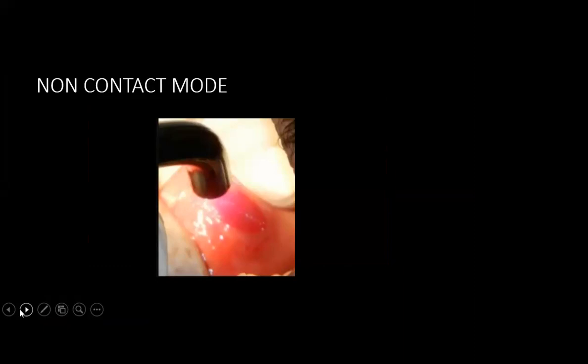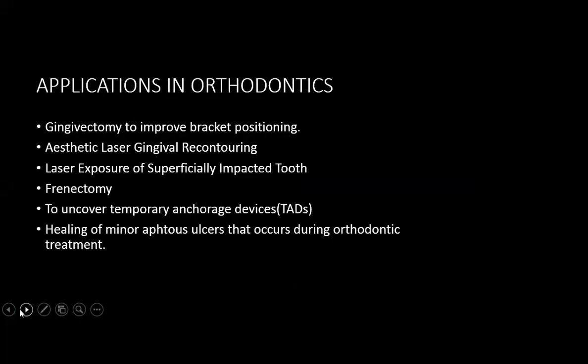When you want to use the laser for its photobiomodulatory effects, that is the low-level laser therapy, you will be using a non-contact mode. That is, the laser tip will not touch the tissues, but it will be slightly away from the tissues. This is seen in the case of oral ulcers, herpes simplex ulcers, TMJ disorders, and other such low-level laser therapies.